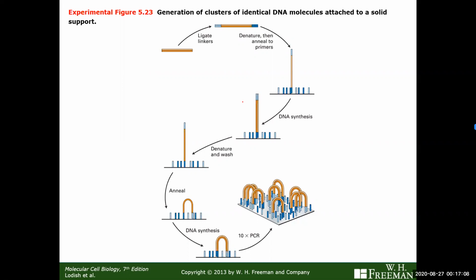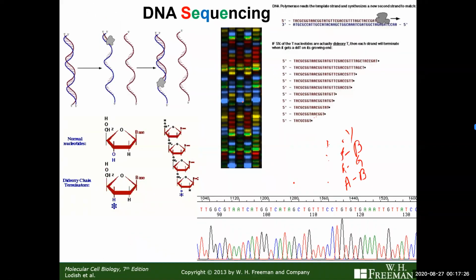If by mistake you had two different templates in the same tube, like say you mixed the plasmid from two different bacteria in the same tube, then your Sanger sequence will go completely wrong, because the primer will bind to both the plasmids, but the next base that it will face, instead of this T, it might be an A here, instead of this A, it might be a C here.